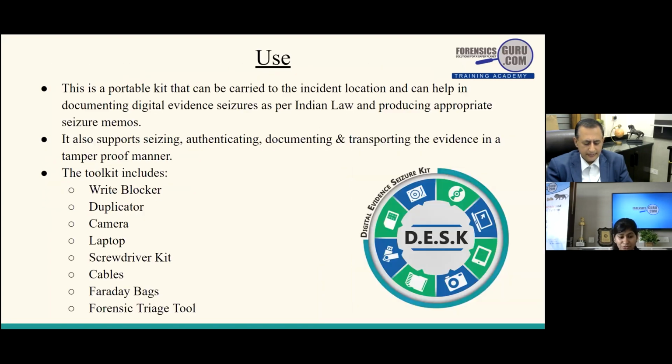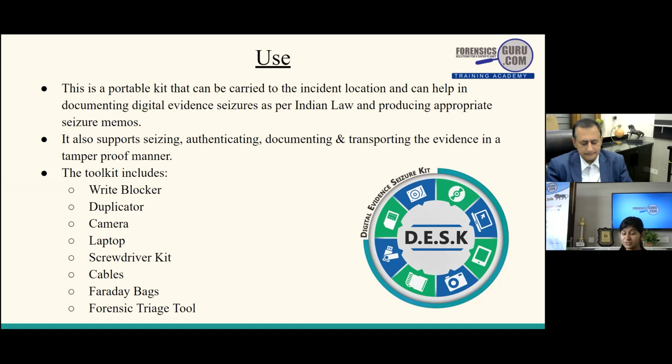So let's quickly go through how many things are included in this seizure kit. So these are write blocker, duplicator, camera, laptops, few driver kit, cables, Faraday bags, and forensic triage tool. So these are the things which are included in this digital evidence seizure kit, and this kit is highly customizable.